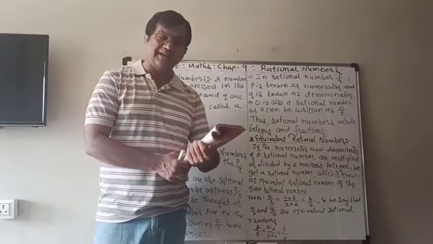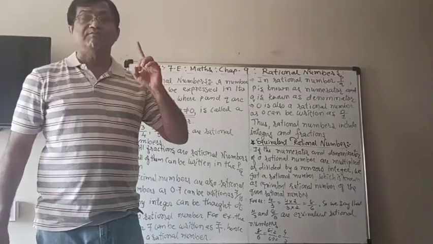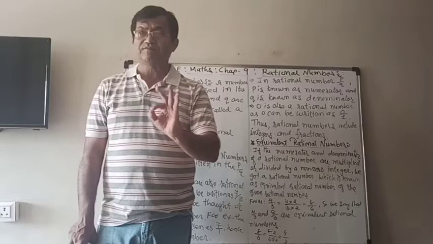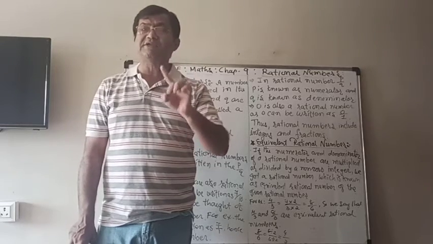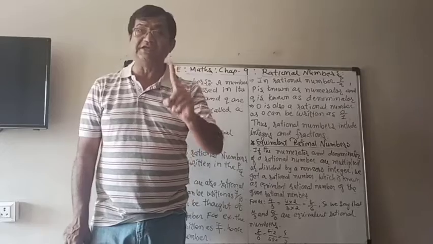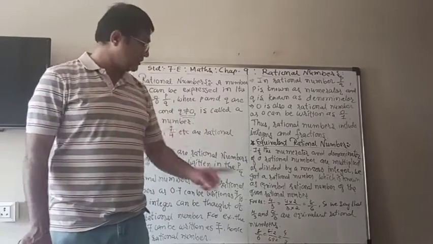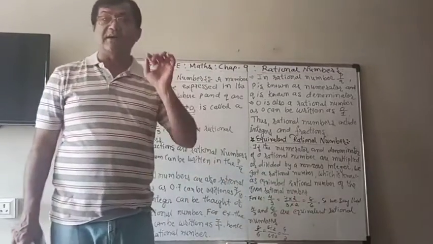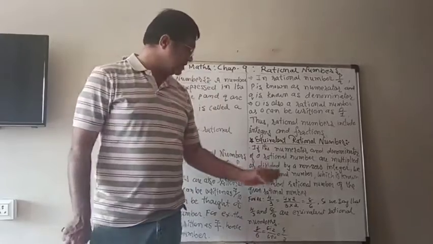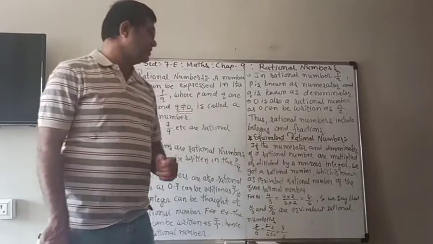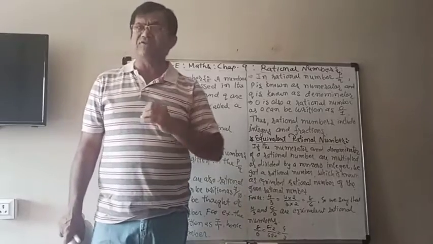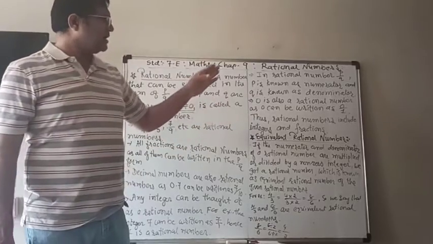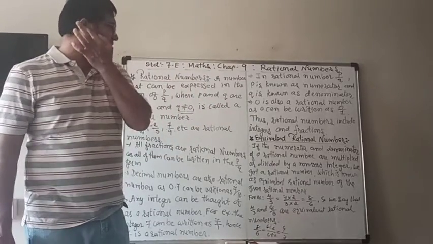So we can do the division also. Either we can multiply or divide, but you have to remember that when you multiply or divide, both the numerator and denominator must be multiplied or divided by the same integer, and it should not be 0. 2 and 2, 3 upon 3, 7 upon 7, 9 upon 9, whatever it is, the same number should be in the numerator and the denominator. It is the same as equivalent fractions, which we learned about also. So equivalent fractions and equivalent rational numbers are the same thing.